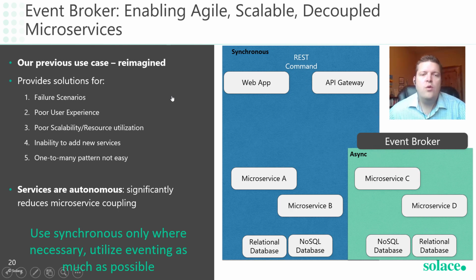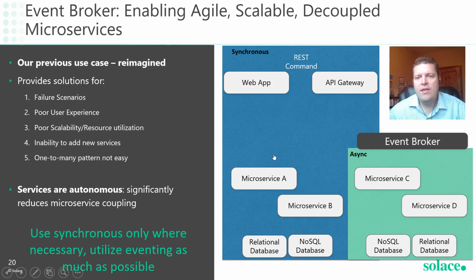We'll walk you through how this provides a solution for failure scenarios, poor user experience, poor scalability and resource utilization, the inability to add new services, and why the one-to-many pattern wasn't easy. We'll show how events provide solutions for those 5 situations.